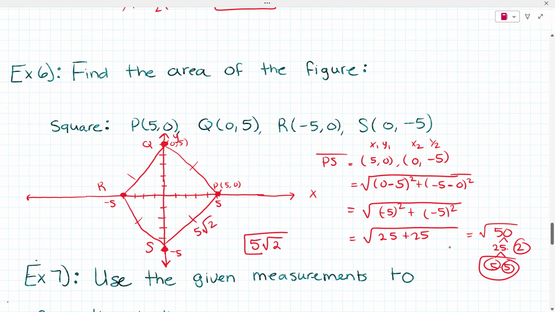Now, what we have to do is find the area. So what is the area? It's base times height. So it's basically 5 radical 2 times itself. So that gives you 5 squared is 25. Radical 2 squared is, oh, radical 2 squared is not 4, it's actually 2.